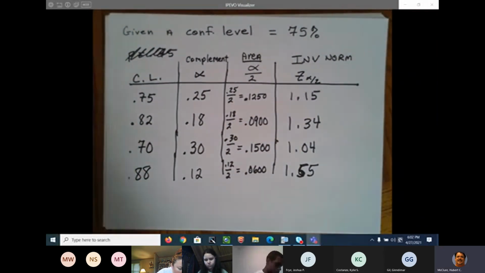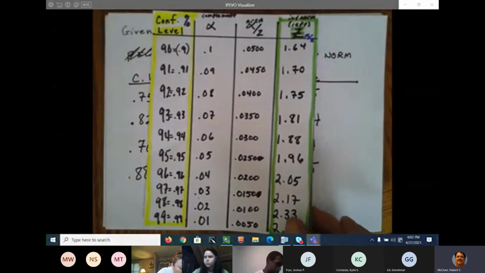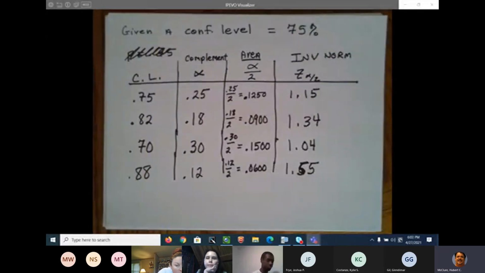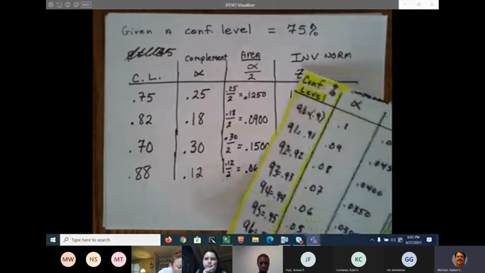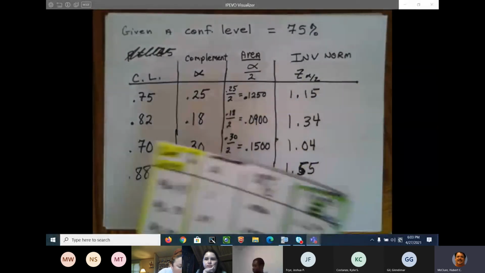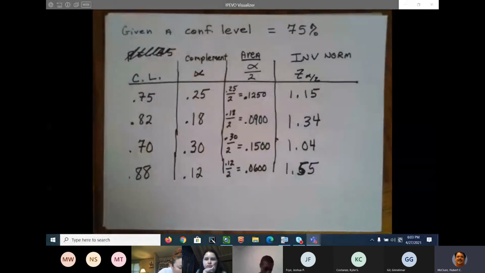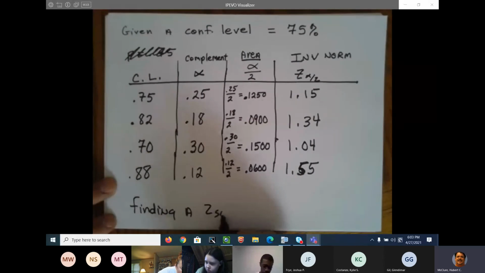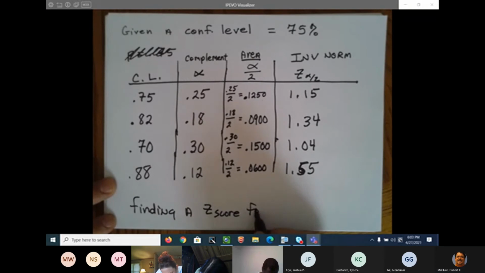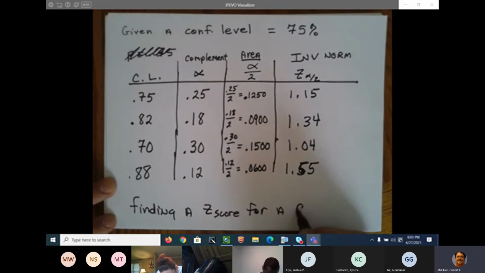And along with the top 10, you got 4 more right there that shows you how to find the inverse norm, the z-score for a confidence level. And that's what this is. Finding a z-score for a confidence level.